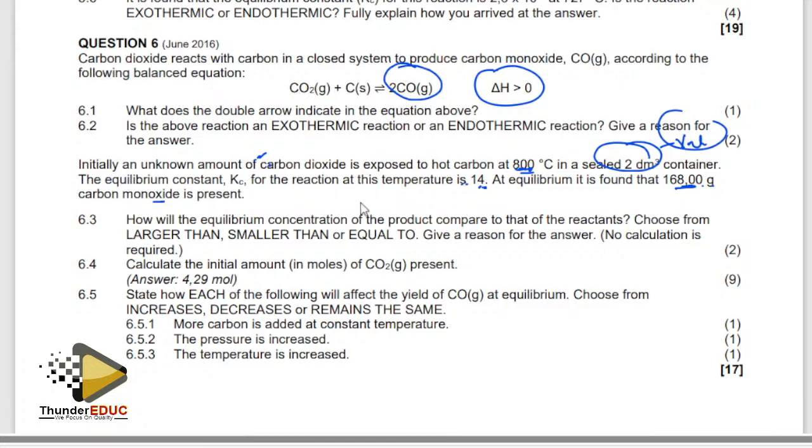Then they are saying, okay, how will the equilibrium concentration of product compare to that of the reactant? Choose larger than, smaller than, or equal to. So what are you supposed to talk about here?